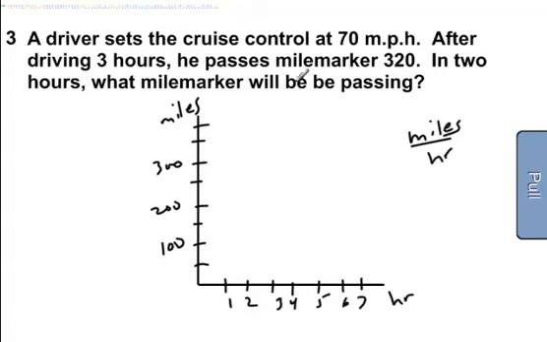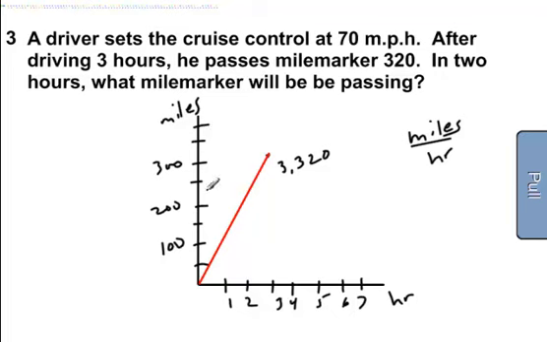All right. After 3 hours, he passes mile marker 320. So we know there's 3 hours. Here's 320. So 3 hours, mile marker 320. I know that I passed something in 2 hours. So if I go backwards, somewhere along this line, from when I started out at the very beginning, somewhere along here at 2 hours.